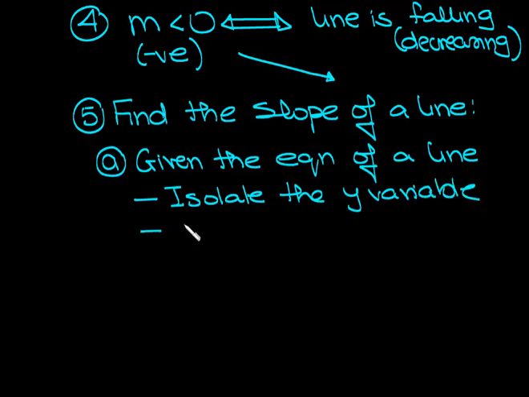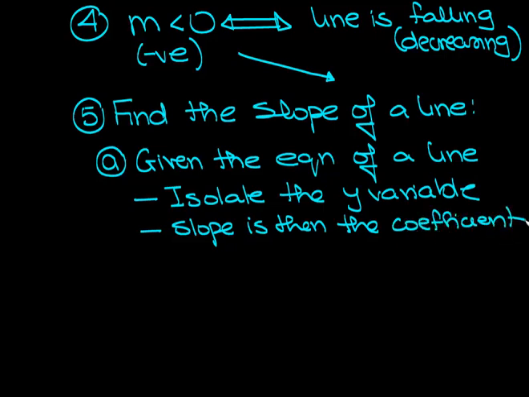Once you do that, the slope is then the coefficient of the x variable. So once you isolate the y variable, the coefficient of the x variable becomes your slope.